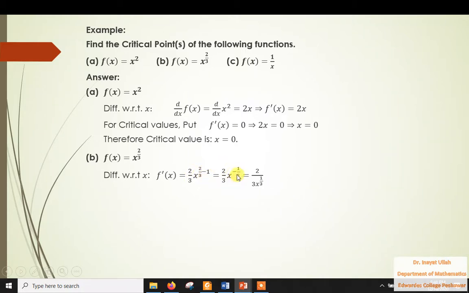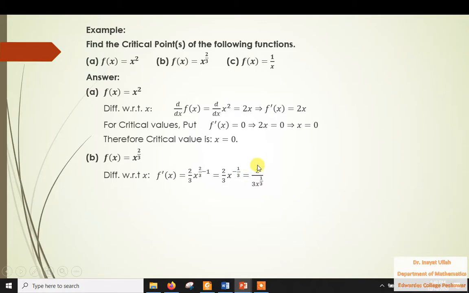The power of x is negative, so shift it towards the denominator to make it positive. So f prime x is 2 divided by 3x power 1 by 3. We see here that f prime is a rational function, that is, there is a variable in the denominator.